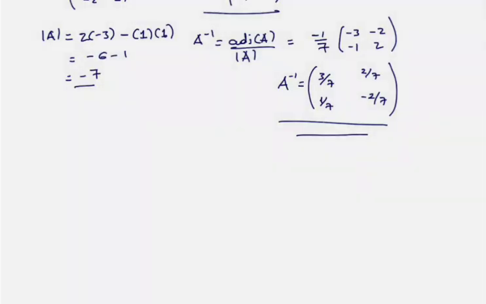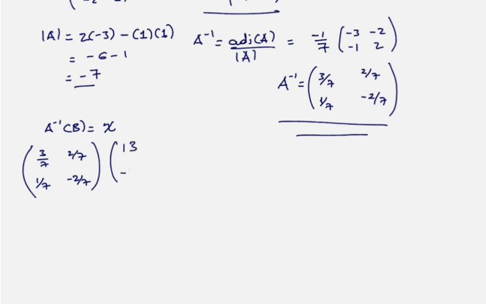ኢንቨርሳችንን አግኝተናል። ከb ጋር በማባዛት x1 እና x2 ዲተርማይን እናደርጋለን ማለት ነው። ስለዚህ a inverse times b is equal to our variable matrix x። ስለዚህ [3/7 2/7; 1/7 -2/7] multiplied by b ደግሞ [13; -11] ነው is equal to [x1; x2].